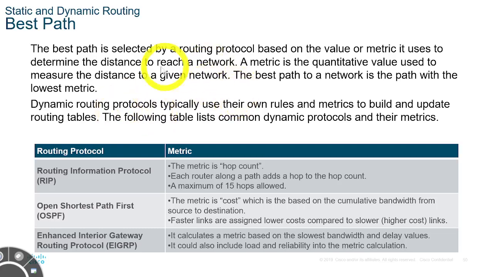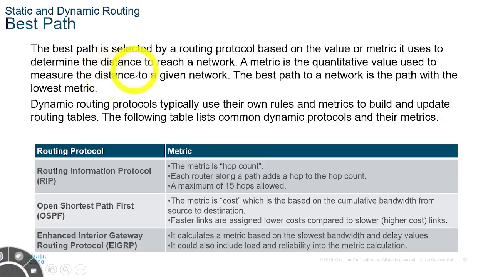It uses to determine the distance to reach a network. As we said, a metric could be hop count, for example. So a metric is the quantitative value used to measure the distance to a given network. Distance doesn't mean distance in meters or miles.